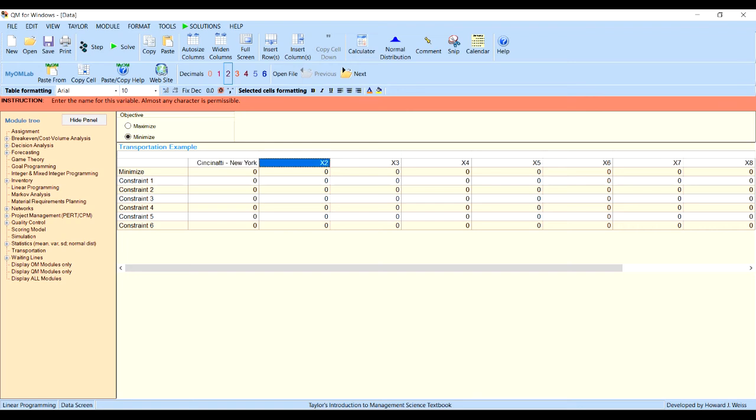Our second is Cincinnati to Dallas. And our third, Cincinnati to Detroit. This is X1A, X1B, X1C.